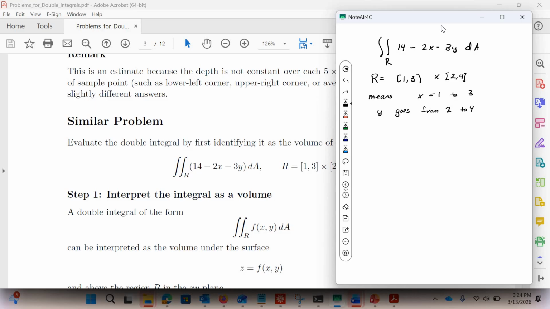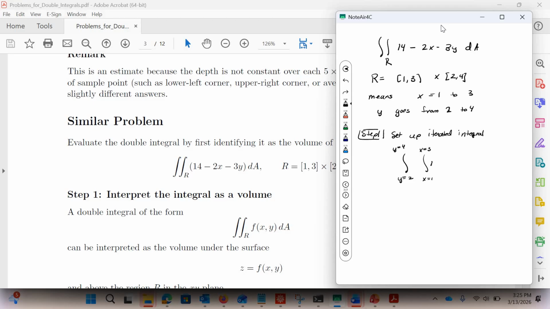So your iterated integral is going to look like this. Let me write it. Step 1: we call it iterated because there are 2 integrals. x equals 1 to x equals 3, and y equals 2 to y equals 4.